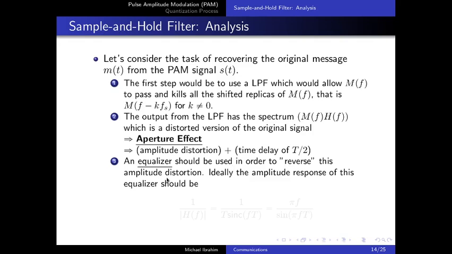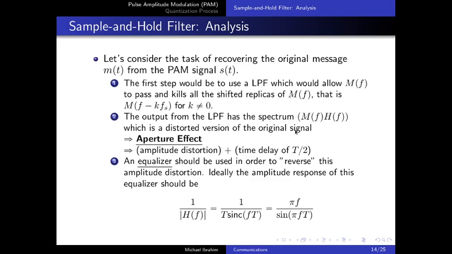An equalizer basically is a device whose frequency response has this form, 1 over the magnitude of H(f). So if the spectrum M(f) is multiplied by H(f), we simply add a device called an equalizer that has a frequency response 1 over H(f), which is 1 over the sinc function, pi f over sin pi f T. This kind of device will reverse the aperture effect and will get us M(f).